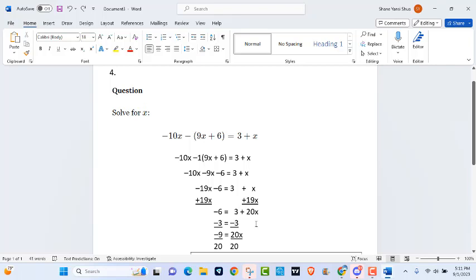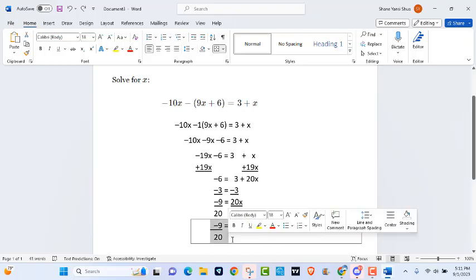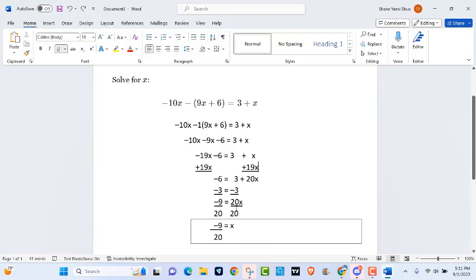So now we're at negative 9 equals 20x. All right, then to solve for our x and get the x by itself, I'm going to divide both sides by 20. I'm going to divide by 20 on the right, divide by 20 on the left, and when I do that, negative 9/20 equals x, because these 20s cancel out.